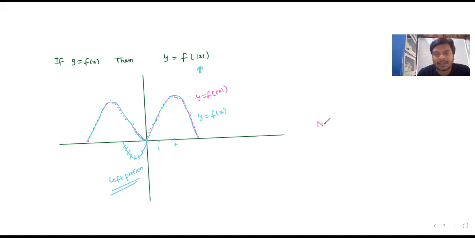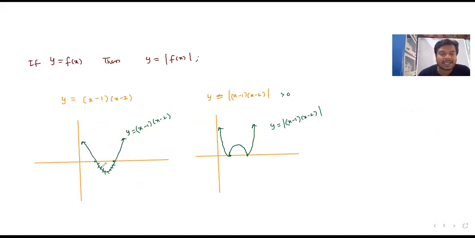Here, I am neglecting the left portion and reflecting the right portion. In the previous case, neglecting the portion below the x-axis and reflecting above.